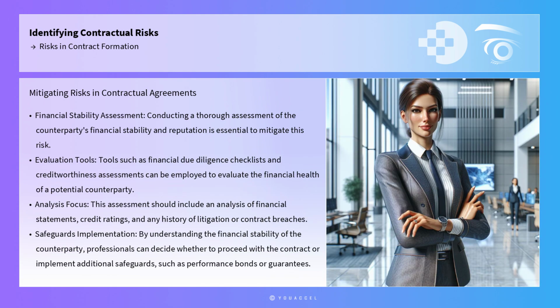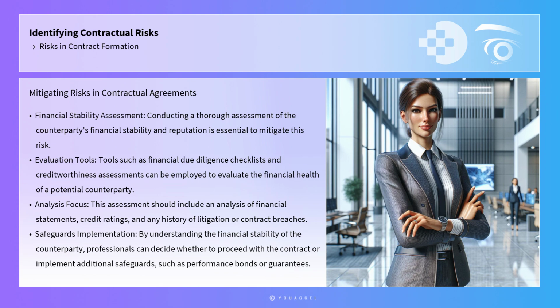Additionally, the risk of entering into contracts with financially unstable or unreliable counterparties poses a significant threat. Conducting a thorough assessment of the counterparty's financial stability and reputation is essential to mitigate this risk. Tools such as financial due diligence checklists and creditworthiness assessments can be employed to evaluate the financial health of a potential counterparty.